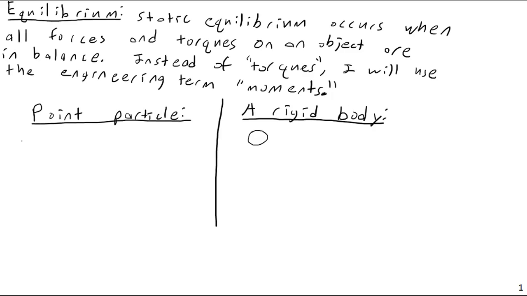So for a rigid body, I will apply a force to it, but it will also have some distance from its center of mass. This distance is what creates that torque, or what we will call the moment. We'll talk about this more in detail later, L and F. So that's what creates the torque. However, a point particle has no size.